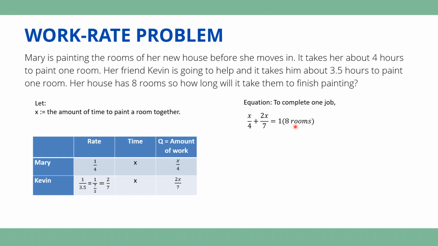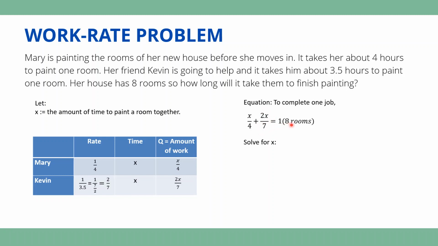So their one job must be multiplied by 8 rooms. So it becomes x/4 plus 2x/7 is equal to 8. That is our working equation.